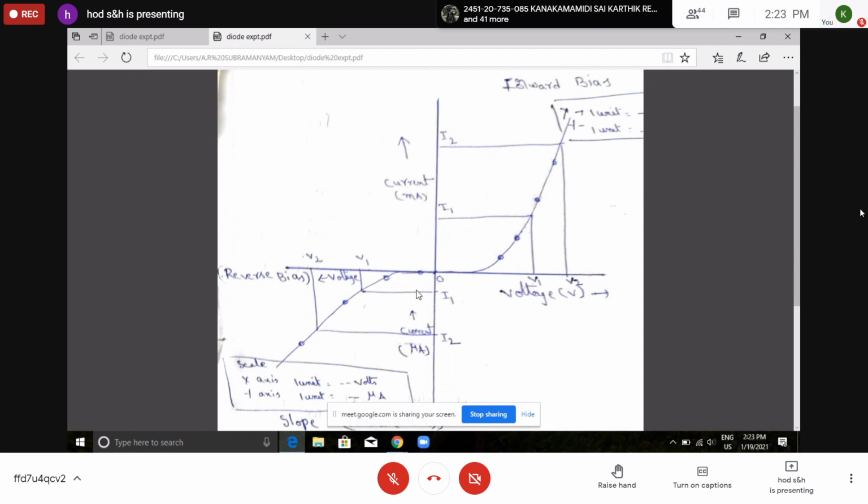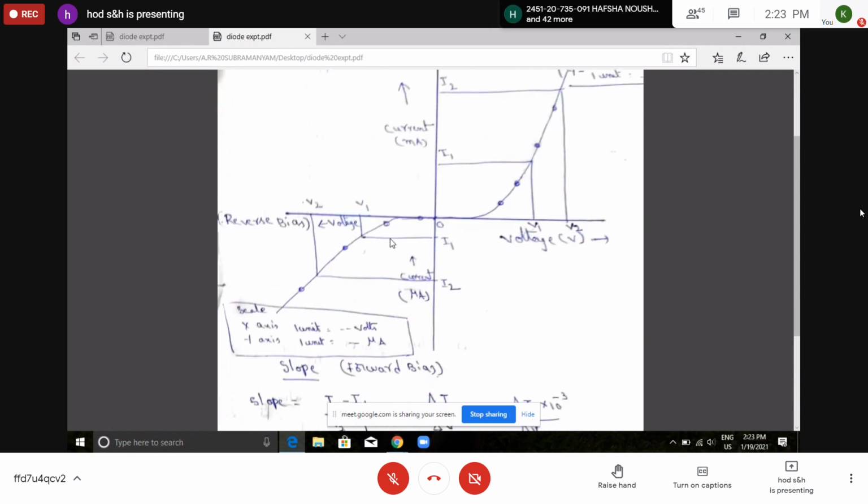So the value of each unit is 2 milliamps, and you should write it. It should show what physical quantities you have taken along the x-axis and y-axis. Don't put centimeters. Along the x-axis, 1 unit is equal to 0.1 volts, and along the y-axis in forward bias, 1 unit is equal to 2 milliamps, like that you should write.